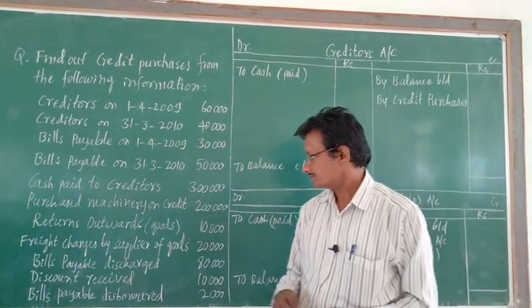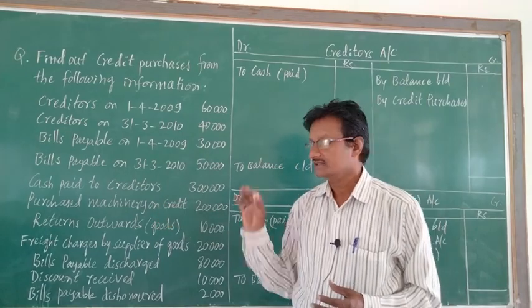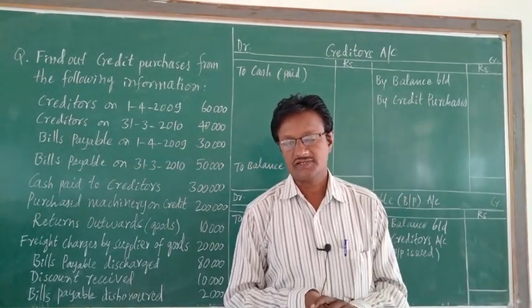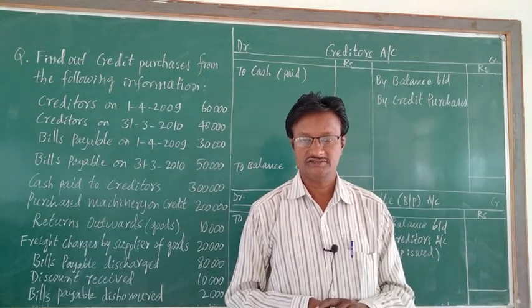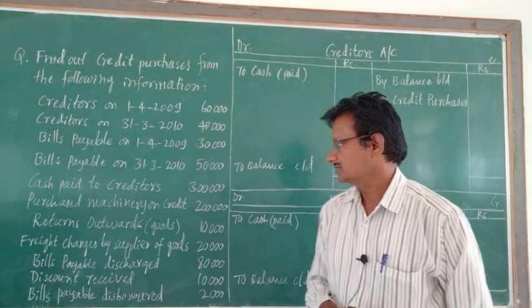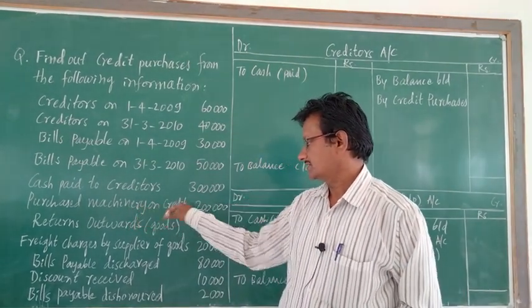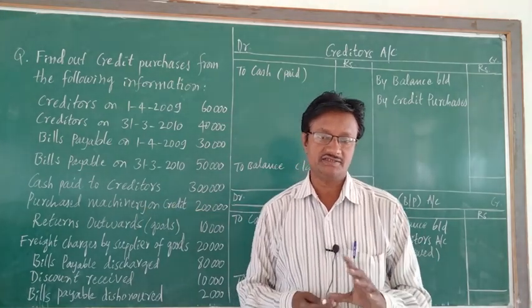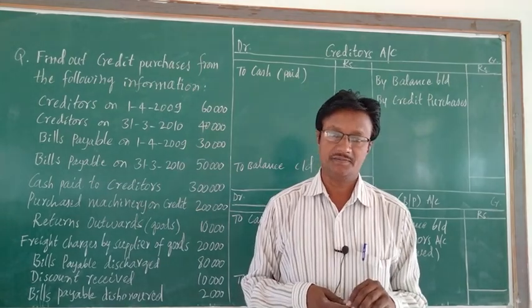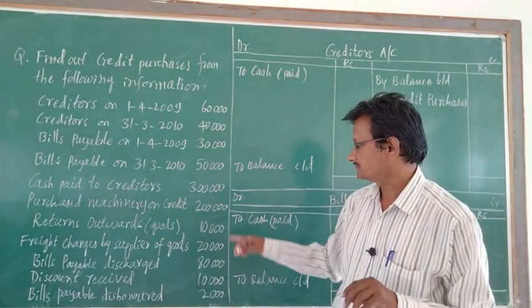So purchase of machinery, that is purchase of asset on credit, is not related to creditors account. Creditors account is meant for only recording transactions relating to goods supplied. So this item, purchased machinery on credit 2 lakh, is entered in a journal proper, so it is not taken to creditors account.